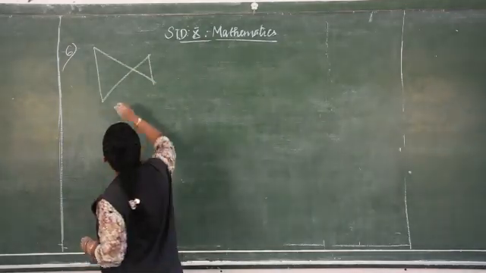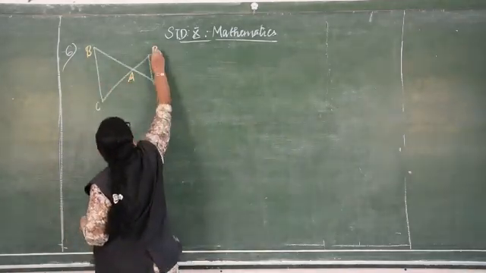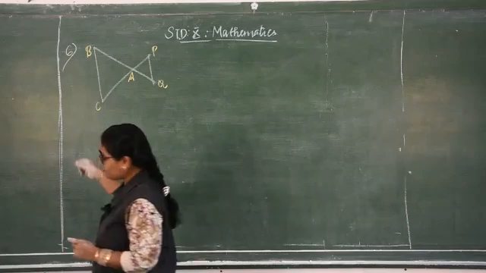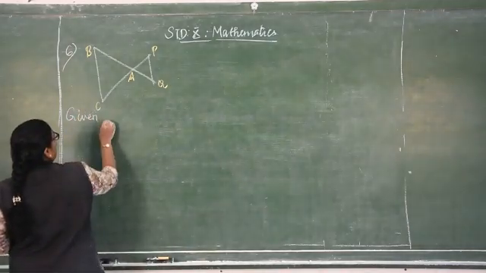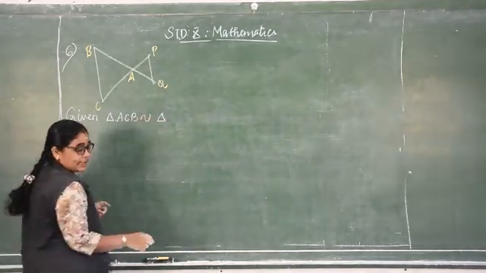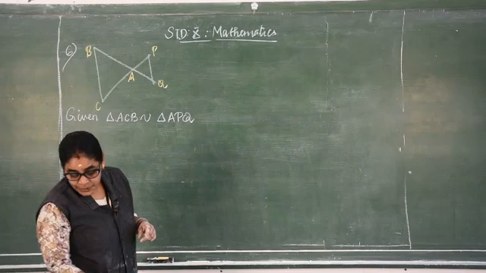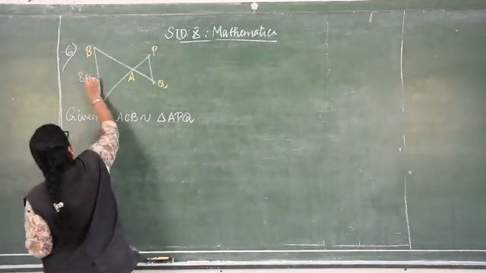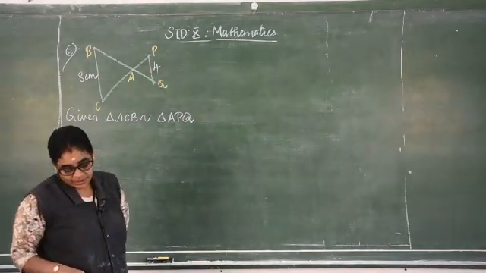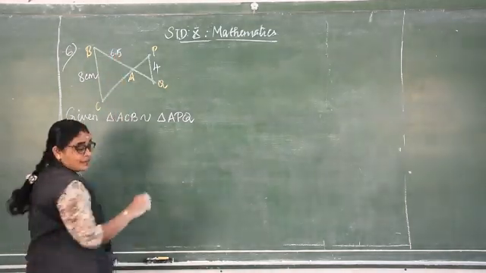Values B, A, P, Q. So in the adjacent diagram, it is given that triangle ACB is similar to triangle APQ, and the values: BC is 8 centimeter, PQ is 4 centimeter, and BA is 6.5 centimeter.